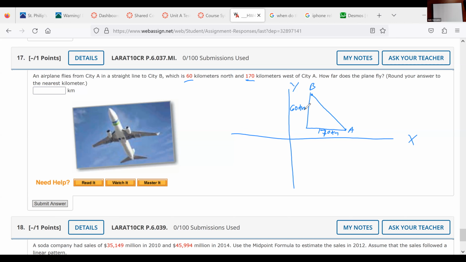It says 60 kilometers north and 170 kilometers west of city A. So D would simply be this.